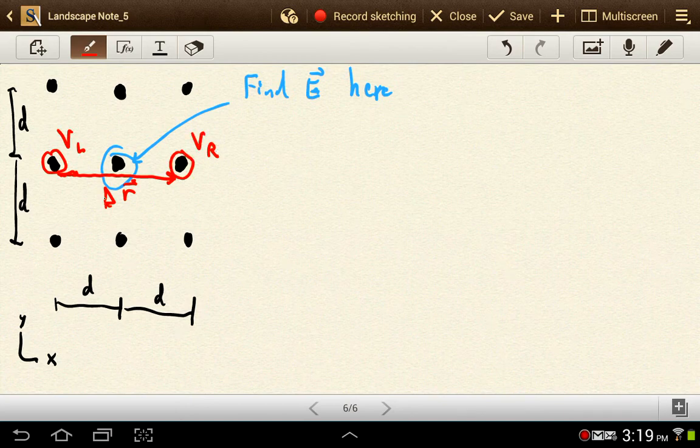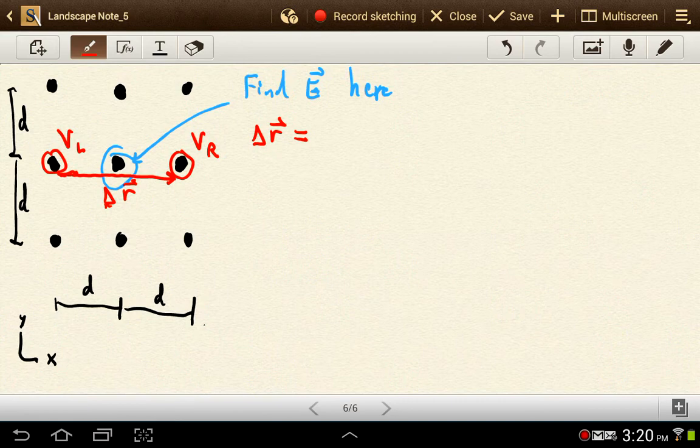Okay, so this here is our delta R vector, goes from left to right. I'm going to use the equation relating the electric field to the change in voltage. Now I've said these guys were separated by a distance of d, each adjacent pair of points. I think that was 2 centimeters in the lab.